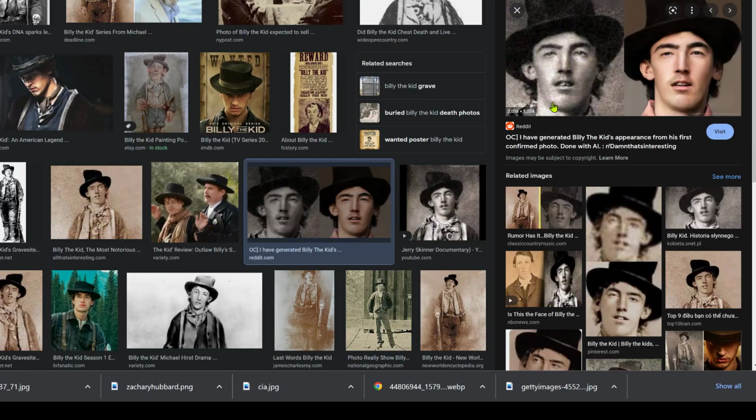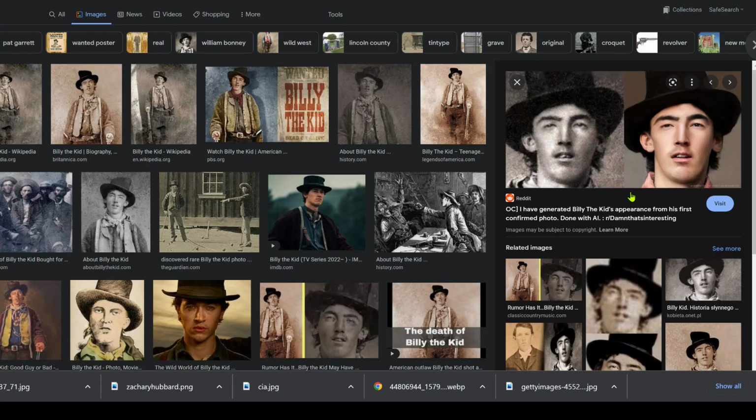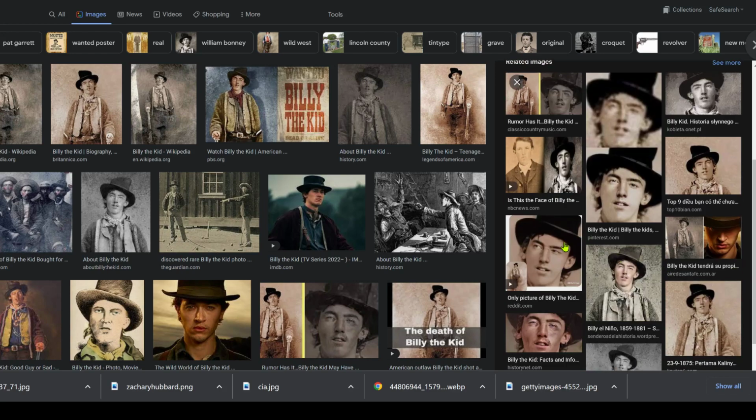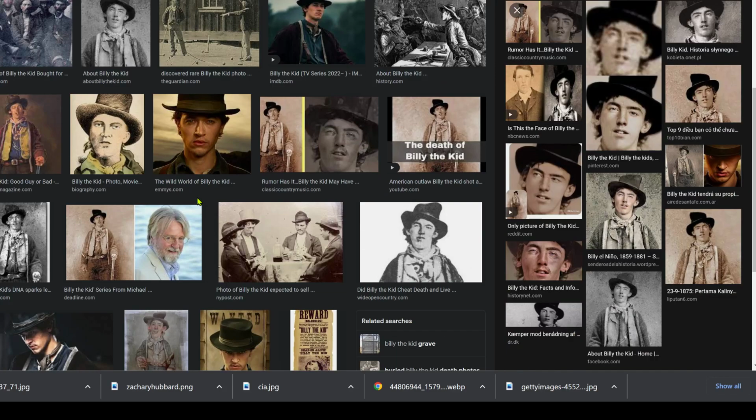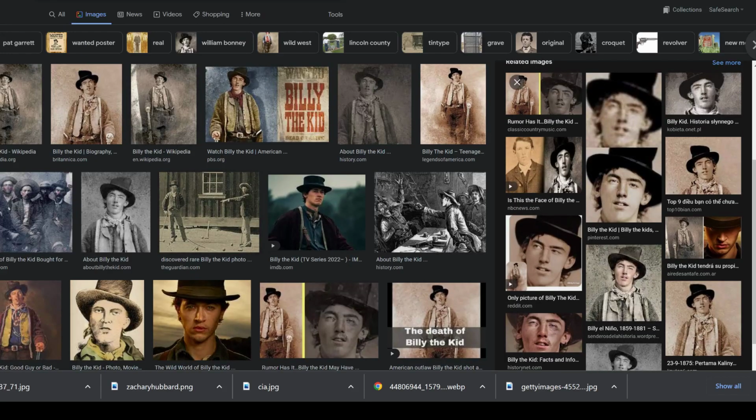As you can see, look, from this picture here, there we go. The rounded jaw look, it's a feminine jaw, soft doughy eyes, small dentures. Billy the Bitch.